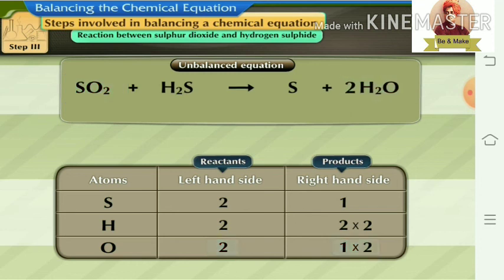After multiplying by 2, the number of oxygen atoms and hydrogen atoms now get changed. Here oxygen gets balanced at both sides, but hydrogen number becomes 2 at LHS and 4 at RHS. So here again hydrogen and sulfur remain unbalanced.